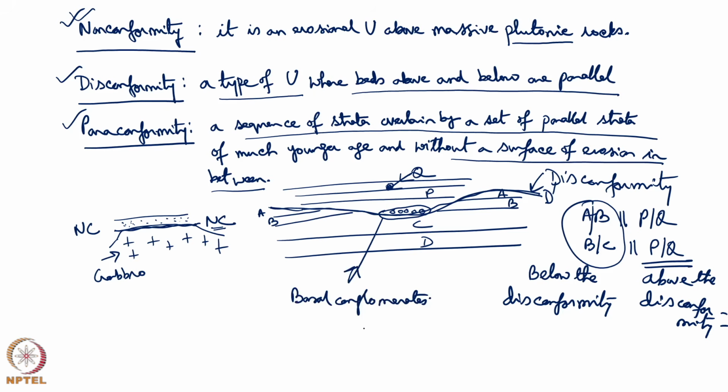conglomerates, and there is a view that these conglomerates are basically broken clasts coming from the rocks at the bottom of the unconformity.